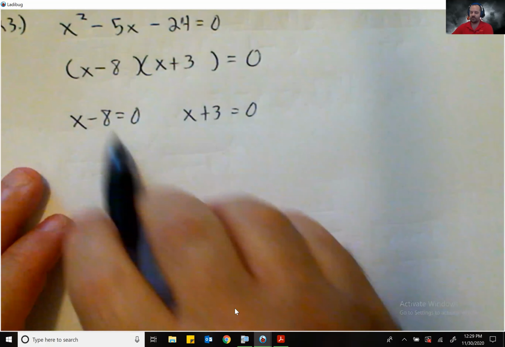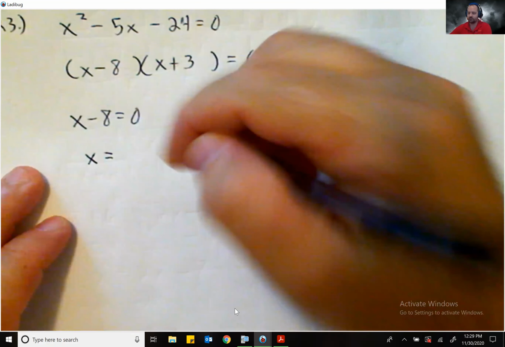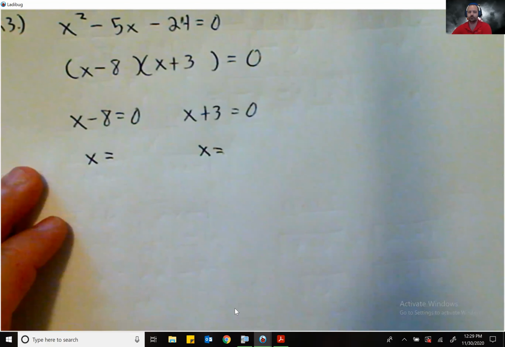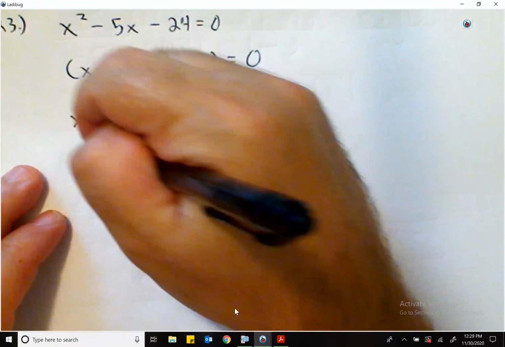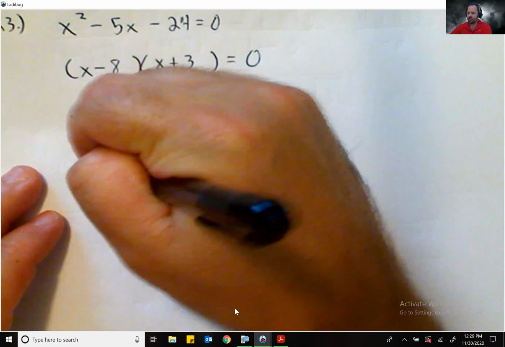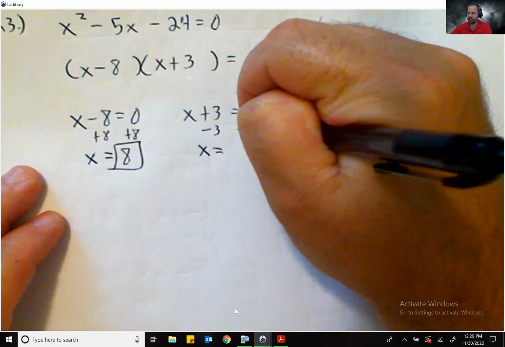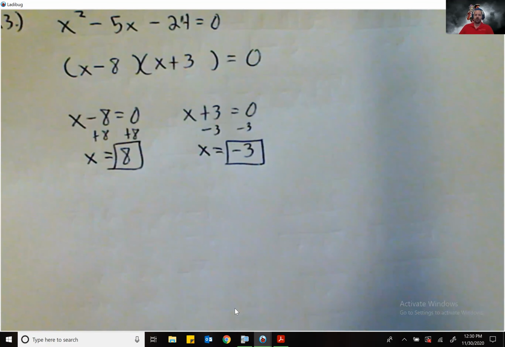So what does x equal for my answers? x equals 8 and negative 3. Because you add 8 to both sides, and a negative 3 because you subtract 3 from both sides. And there we go. There's number 23. A quick factoring to solve.